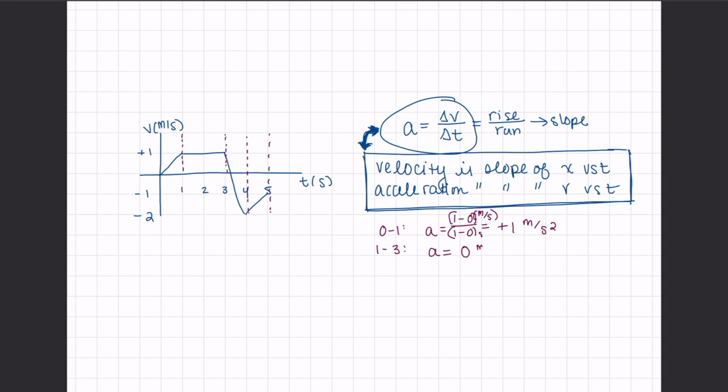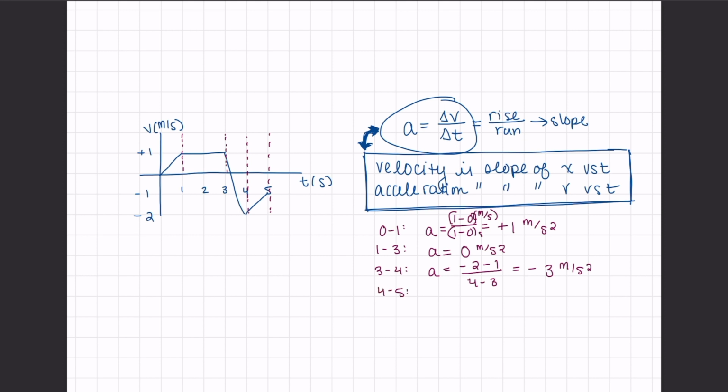So I think I proved myself last time that flat equals 0, so I'm just going to write it. For 3 to 4, we have -2 minus 1 over 4 minus 3. So that would be -3.